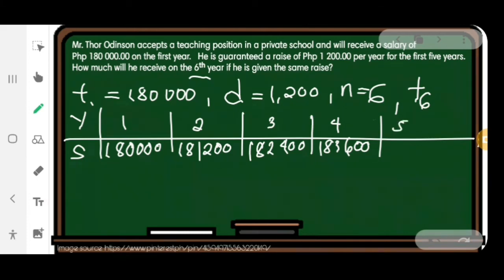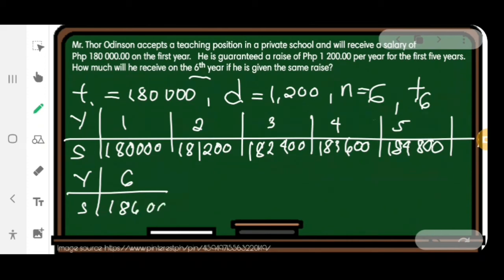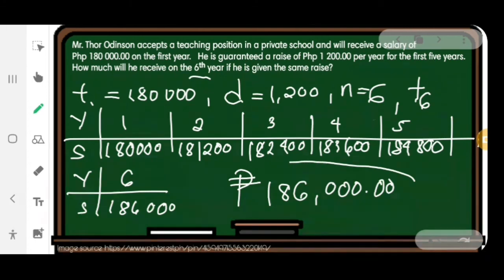For the fifth year, he will receive 184,800. And for the sixth year, he will receive 186,000. So Mr. Thor Odinson will receive 186,000 pesos on the 6th year.